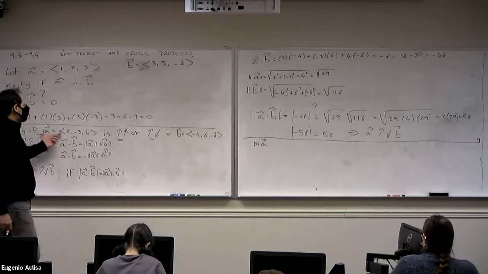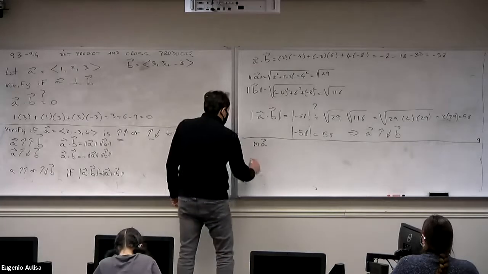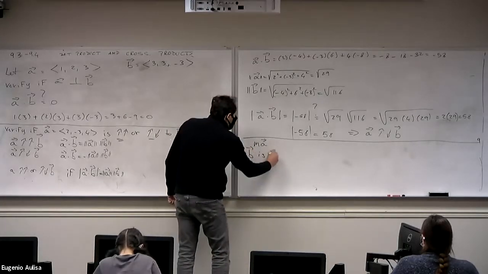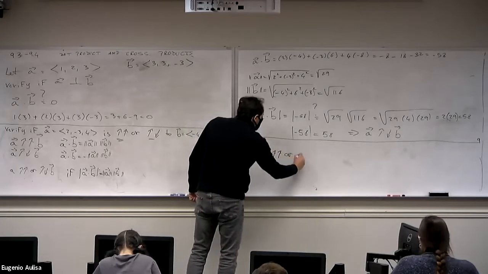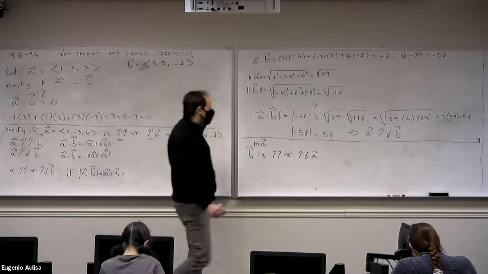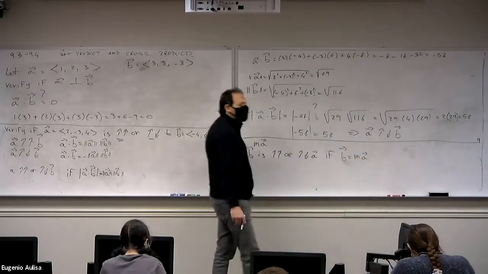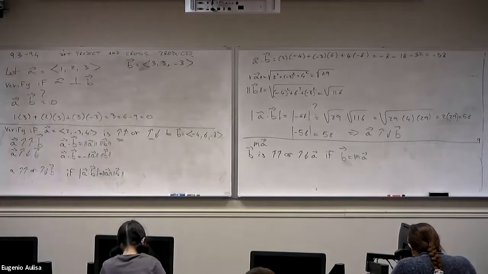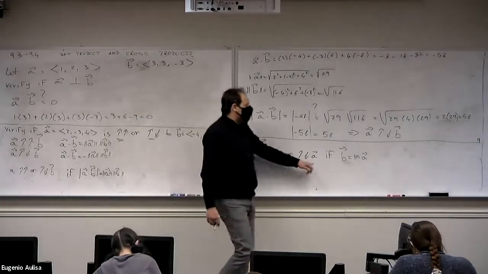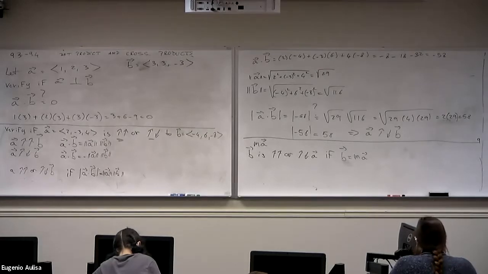So when we want to check if two vectors are parallel or anti-parallel, B is parallel or anti-parallel to A if B can be expressed as the product between a constant M times A. Say that A is parallel or anti-parallel to B if A can be expressed as a different constant, 1 over N, of B, okay?